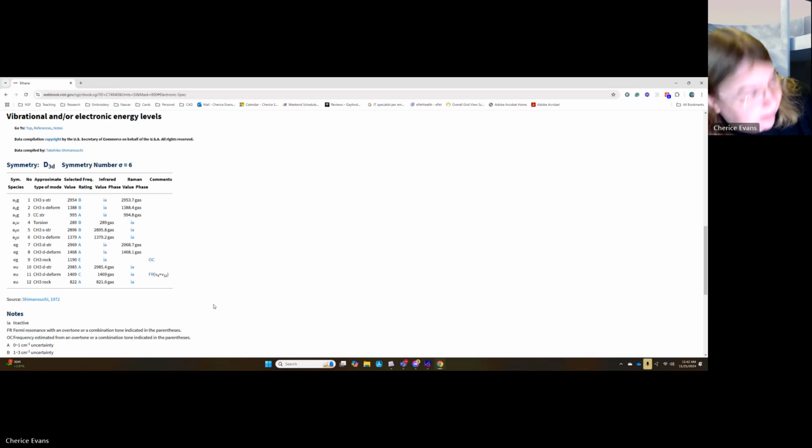So I just need to write these down. These are vibrational modes, and they are in inverse centimeters, which means technically wave number.